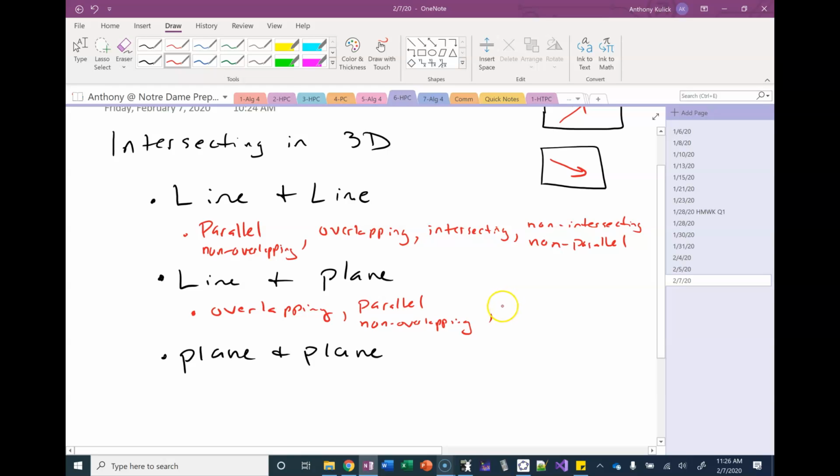You can be non-parallel, non-overlapping, or non-intersecting, non-parallel. Can that happen? No, that can't happen. I lied. And then the last one is just intersecting. So what do we mean by intersecting? So here's your plane, and then your line comes through it like that.